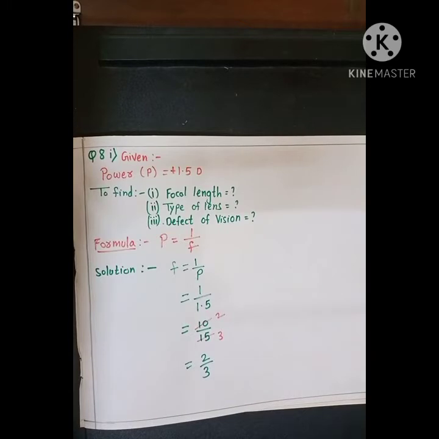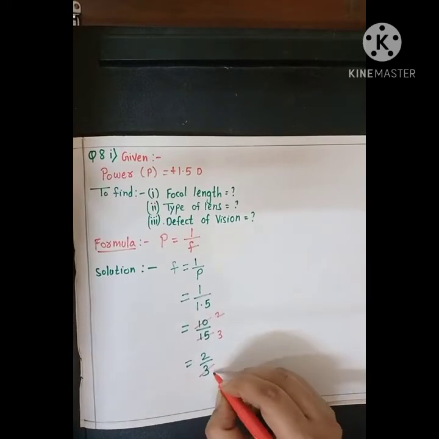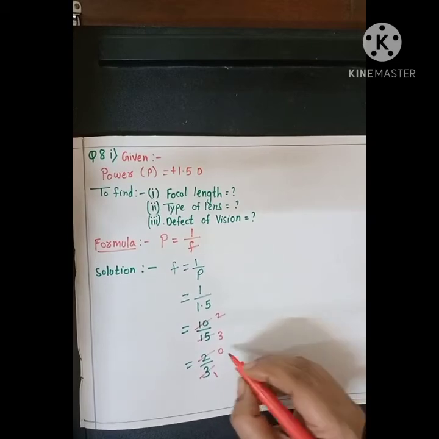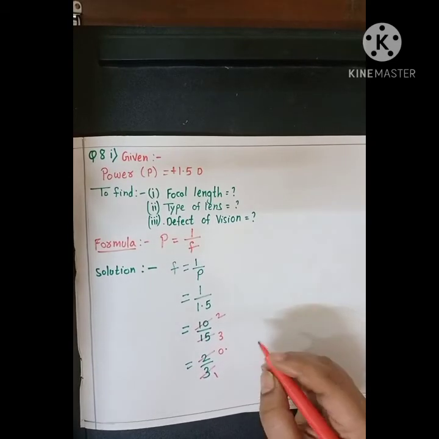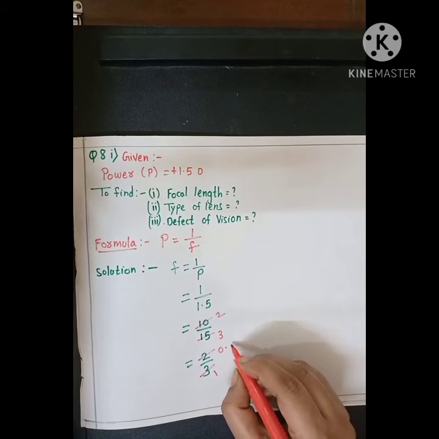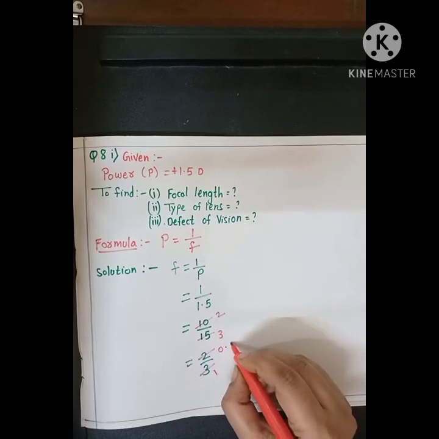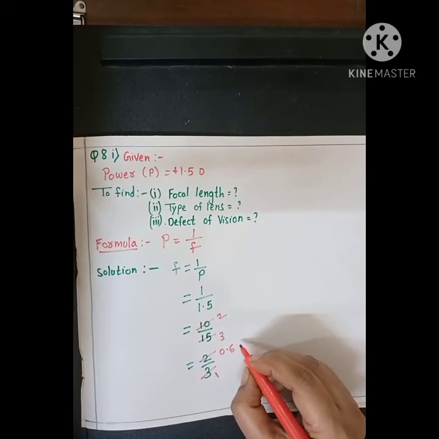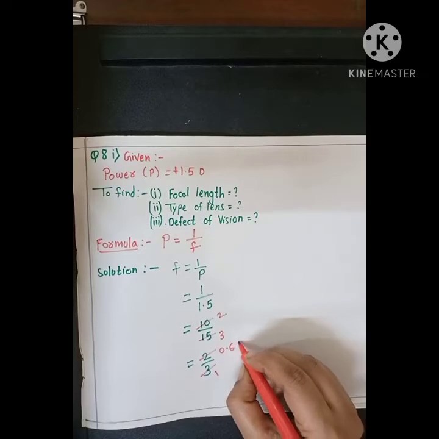After dividing it by 3, 3 1s are 3, 3 zeros are 0, point, it becomes 20. So, 3 6s are 18, again 2 is left, again we will add 0, so it will become 20, again 6.